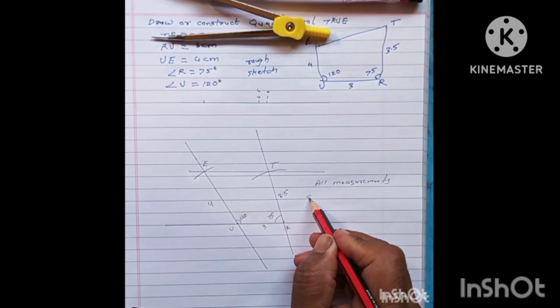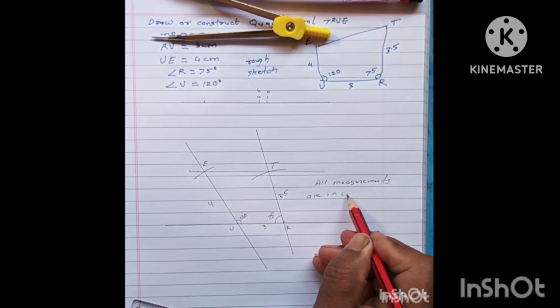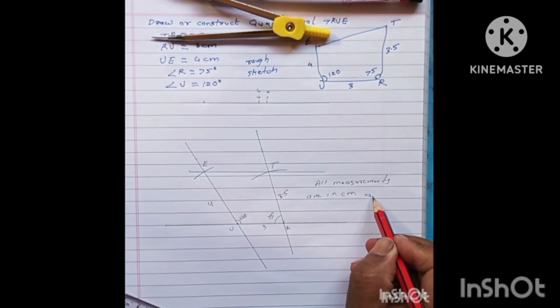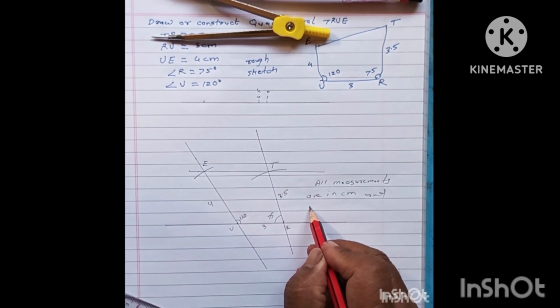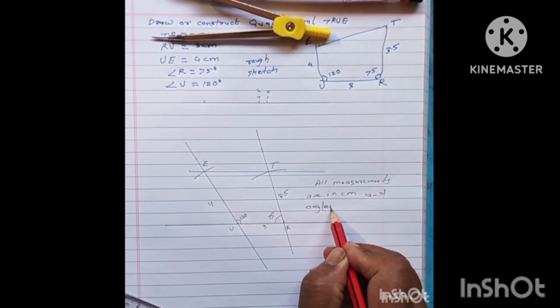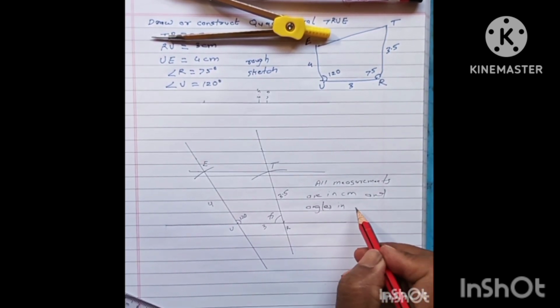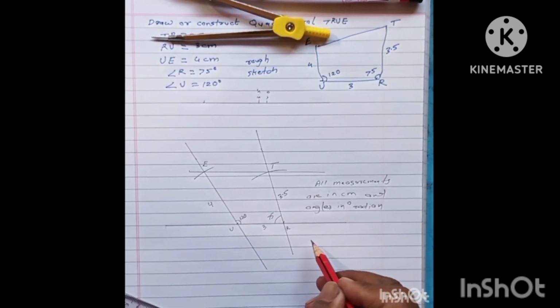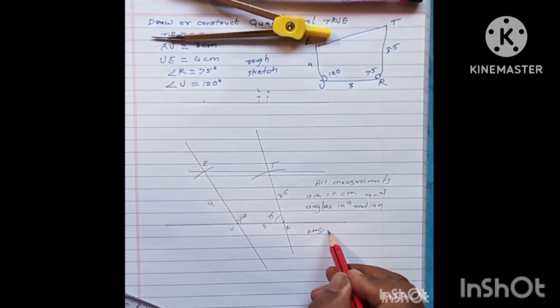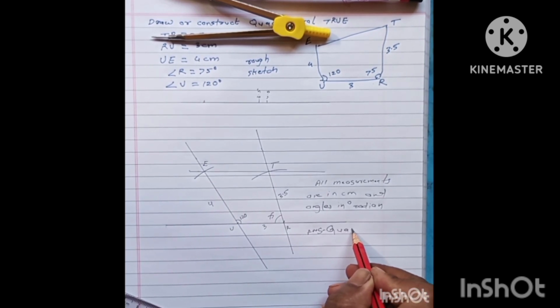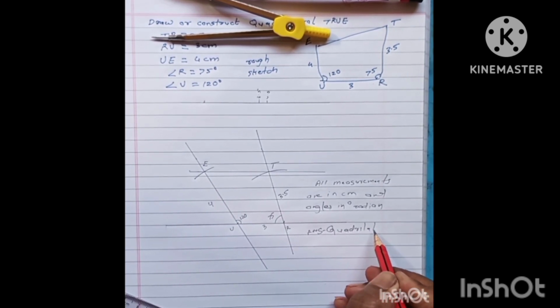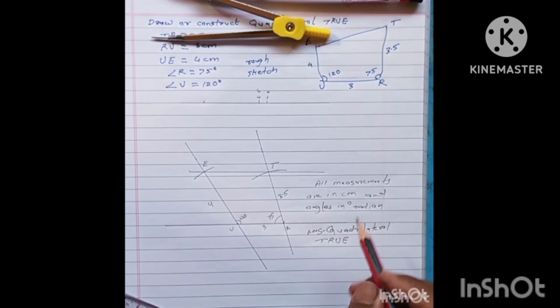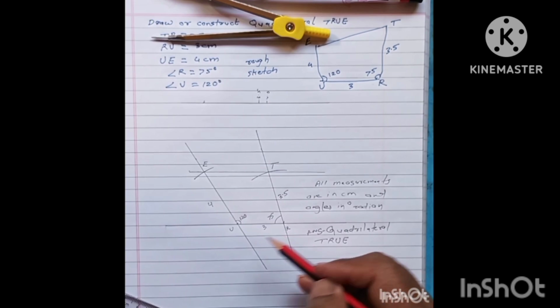All measurements, that is segment measurements, are in centimeters, and angles are in degrees. And for the answer, because we are asked to draw a quadrilateral, you have to make a comment that you have drawn quadrilateral TRUE as asked. That's it. See this, this is the rough and this is the fair.